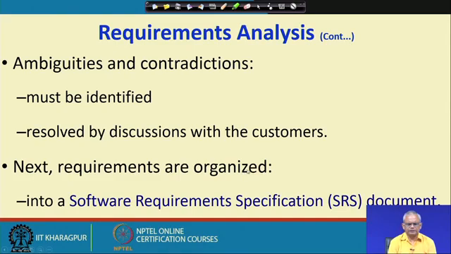All these problems in the requirements have to be identified and resolved, but how will this be resolved? By discussing with the customers how exactly each problem will be addressed. Once all the difficulties are eliminated from the gathered requirements, they are documented in the SRS document.